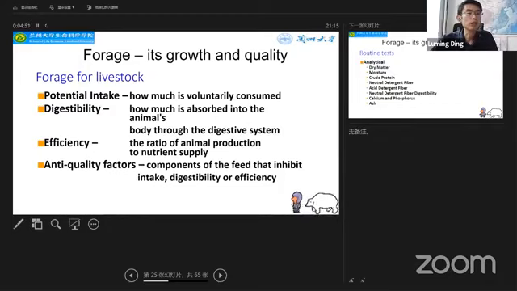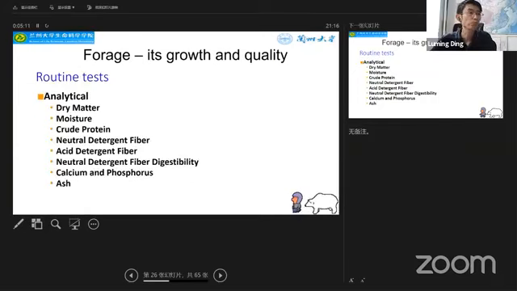And anti-quality factors are the components of the feed that inhibit intake, digestibility, or efficiency. So we need to examine these items to determine the quality of the forage.